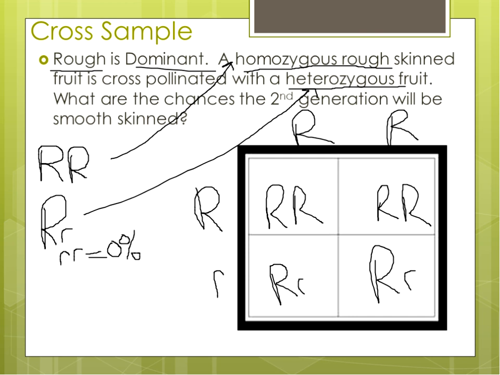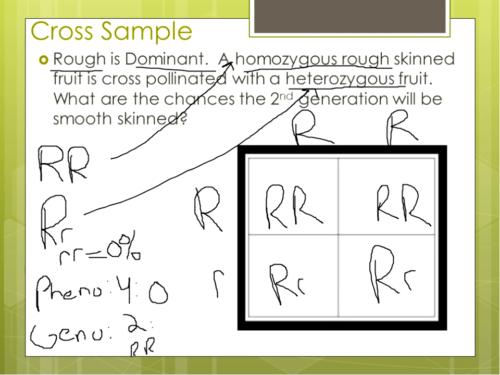Other times they may ask you for the genotype or the phenotype ratio as well. That's very easy. For phenotype ratio, you just count. How many dominant? I got 4 dominants. And I got 0 recessives, little r, little r. For genotype ratio, well, I got to count. How many big R's do I have? 2.